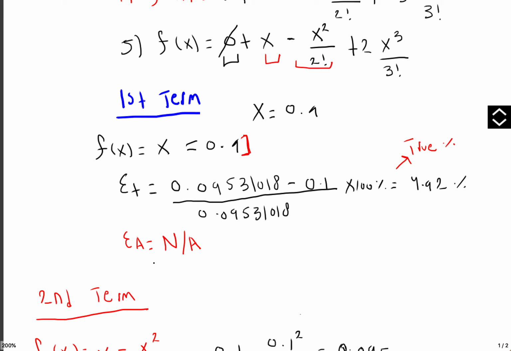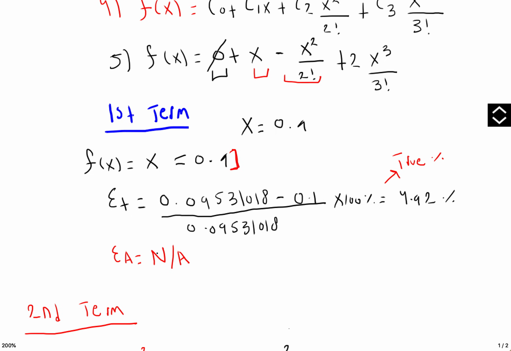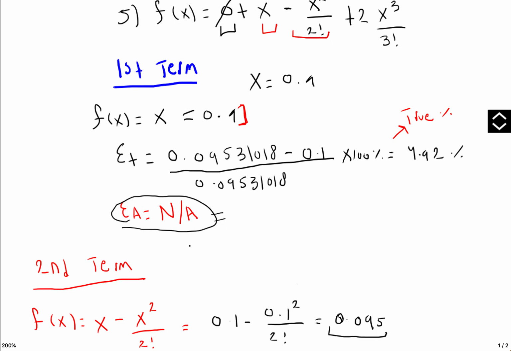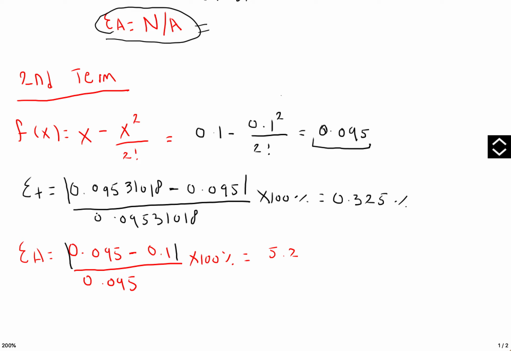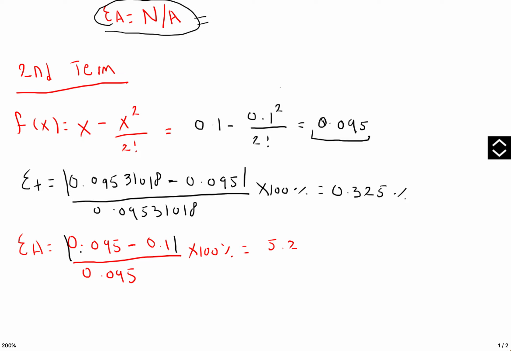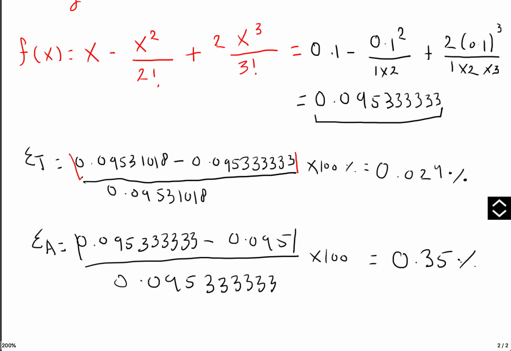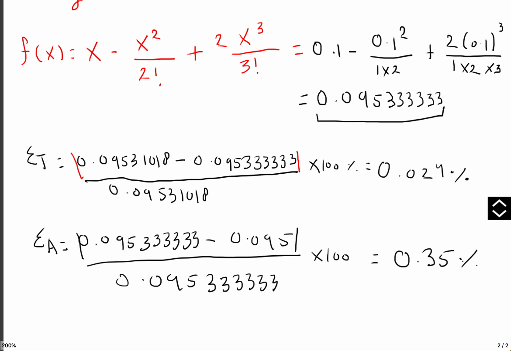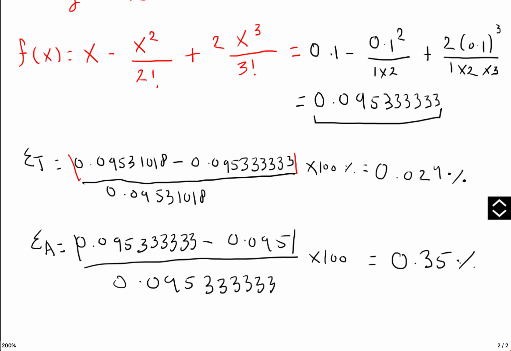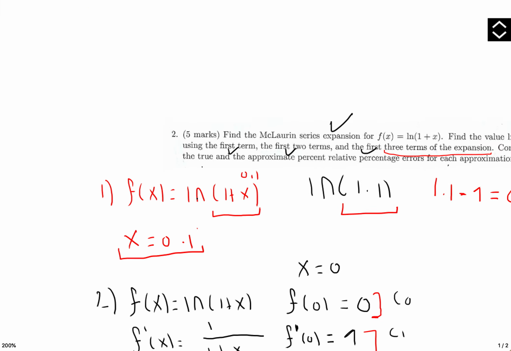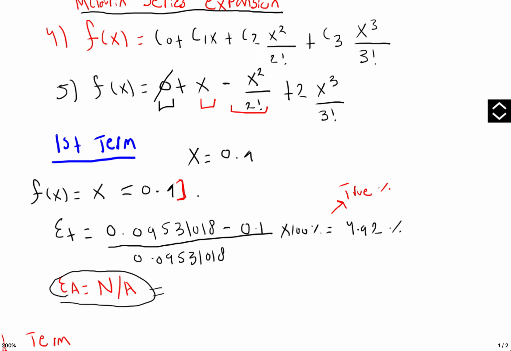We weren't able to calculate the relative here, because it's not applicable, so you can't really do anything here. We found the value for the second one for the true, and we found the relative. For the third, using three terms, we found the relative and the true error percentage. So you can conclude that this question is done.